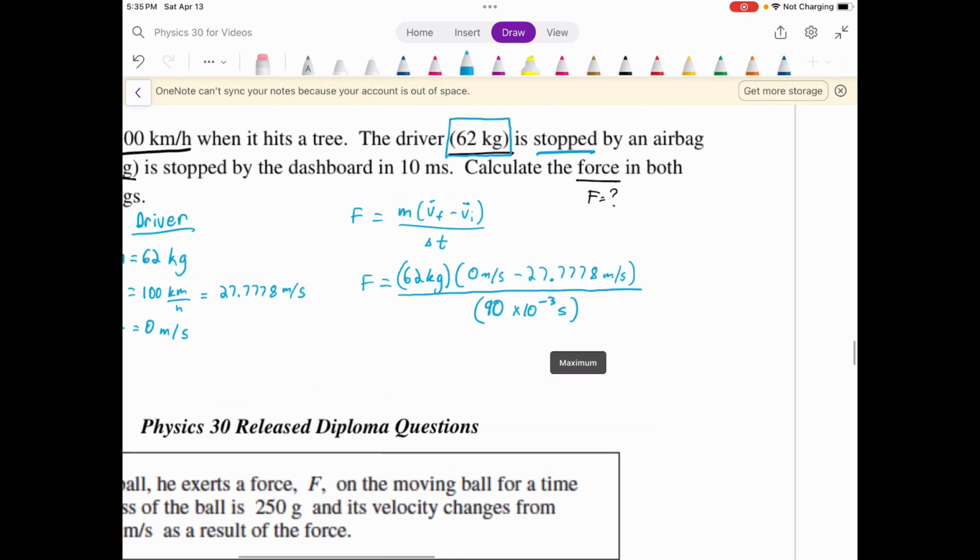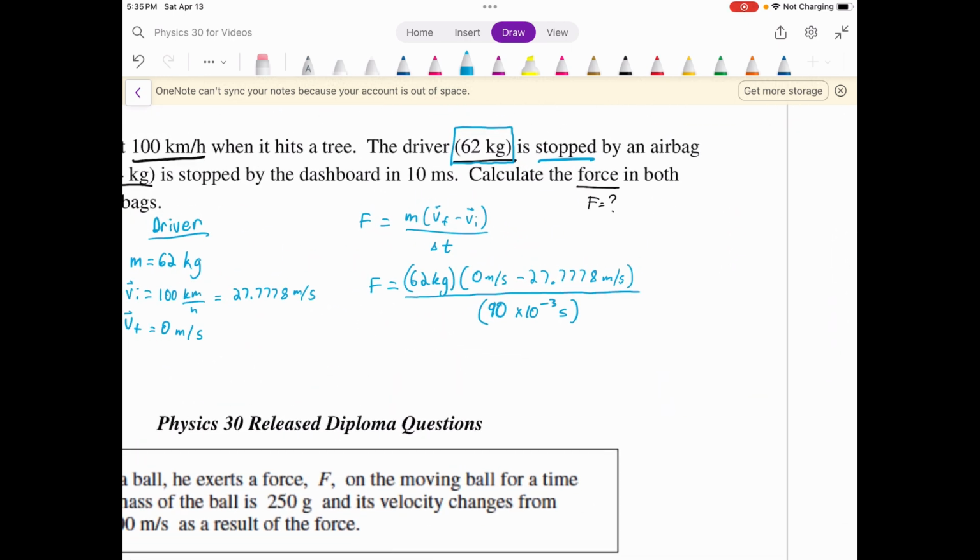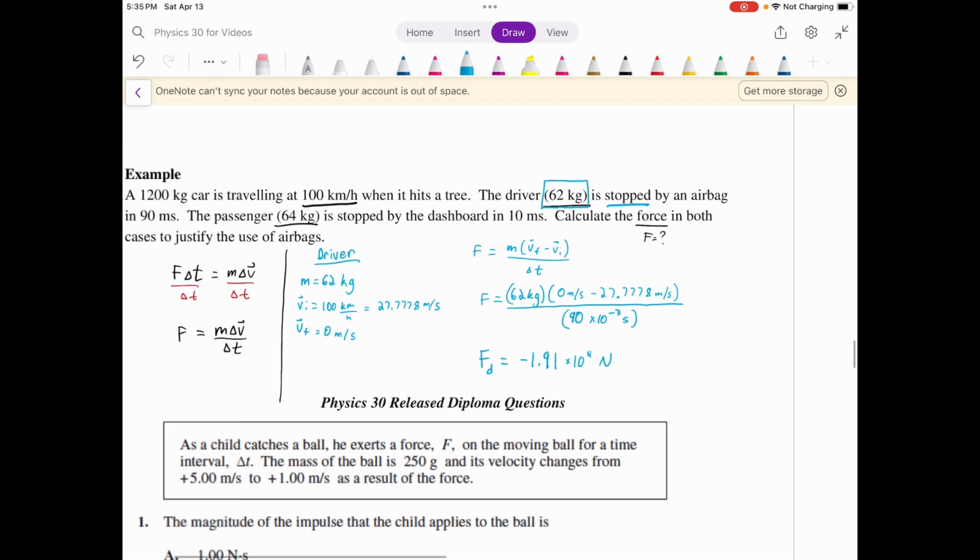Our driver, when I calculate that all out, I get that the driver, I'll just put a little d for driver there, the force they experienced was negative 1.91 times 10 to the 4 newtons, or about 19,100 newtons, okay?